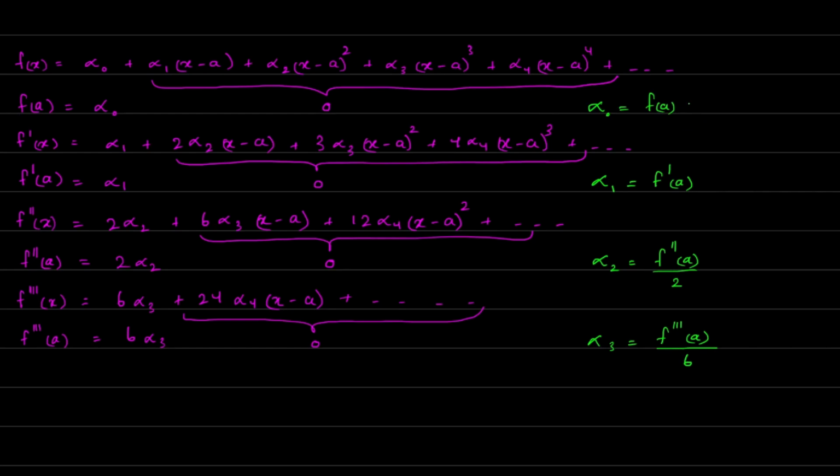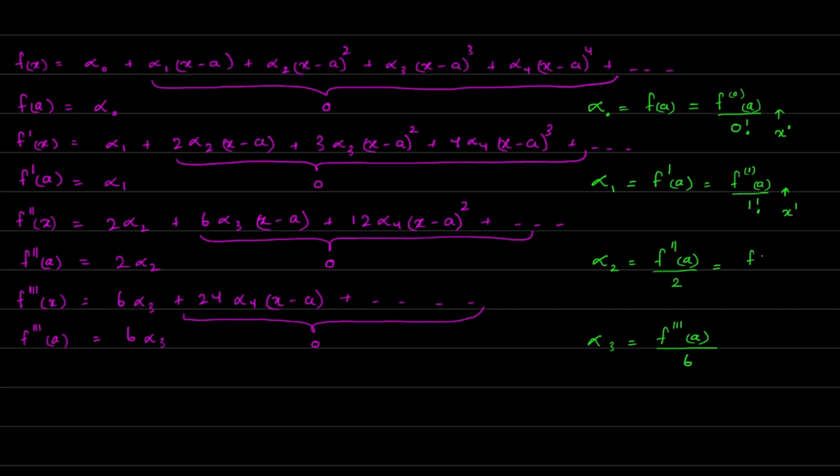Now let us consider these coefficients. Each of these coefficients can be written as follows. This one is not differentiated, so we have f(a) divided by 0 factorial, which is 1, and this is the coefficient of x to the power 0, since it's a constant term. Then this can be written as the first derivative f'(a) over 1 factorial, which is equal to 1, and this is the coefficient of x to the power 1.